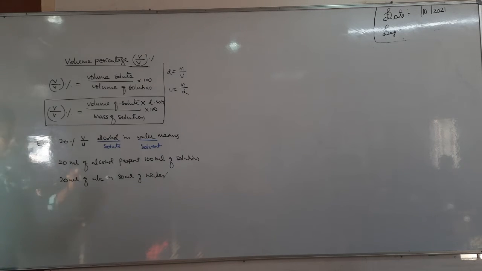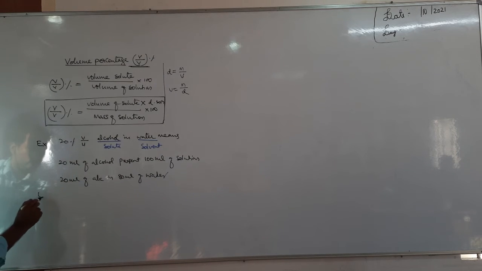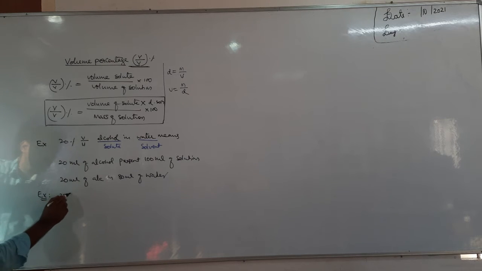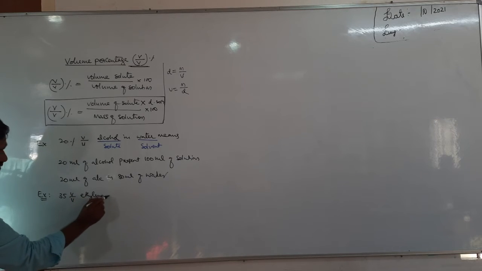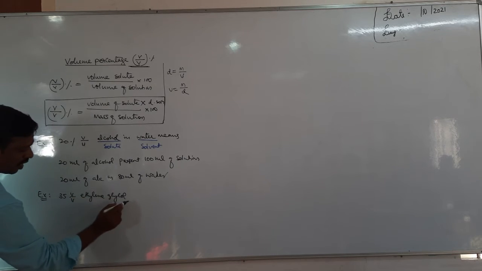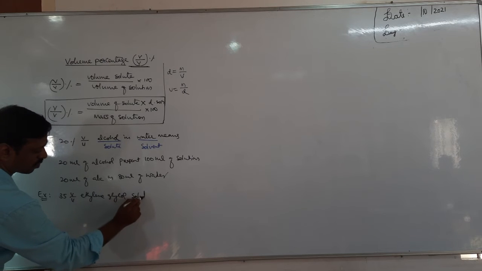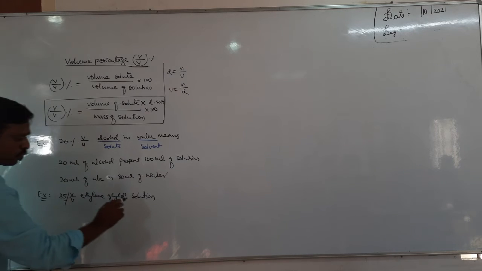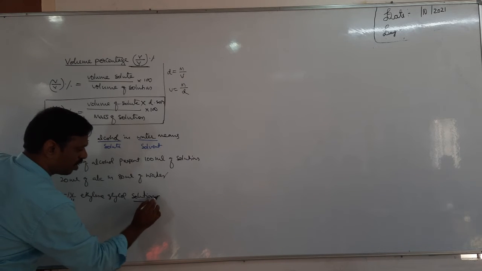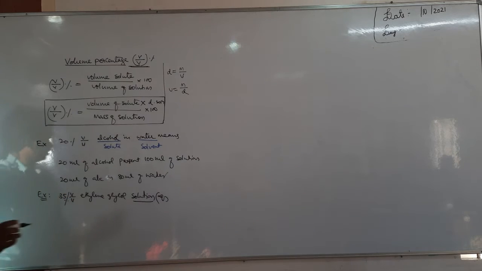Then one more very good example is given here: 35% V by V ethylene glycol solution. What does it mean and what is its importance? Usually a solution in this sense should be aqueous only, water will be there.